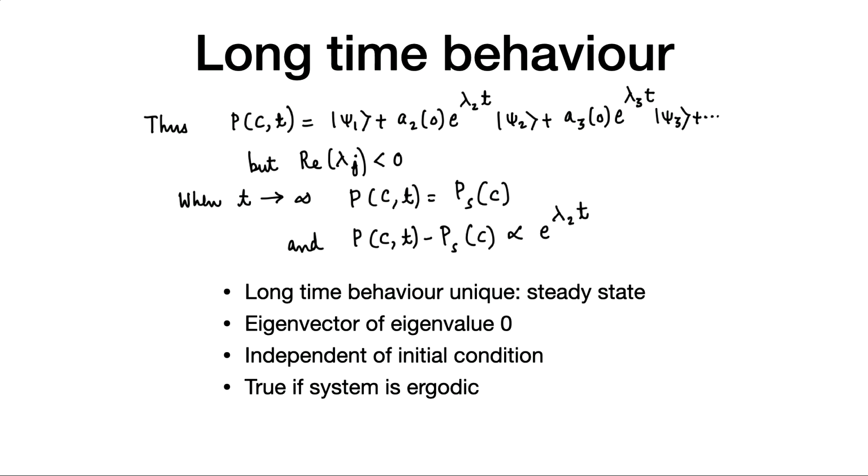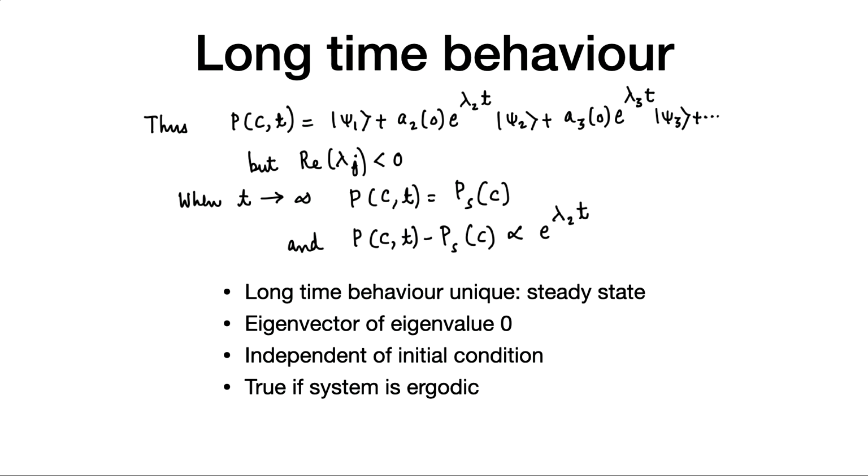Lambda 2 is the next eigenvalue, and the next one is lambda 3. At long times I drop these quantities and just keep the first two. So this is P_S. When I take P(t) minus P_S, the steady state, the difference goes as e to the power lambda 2 t.